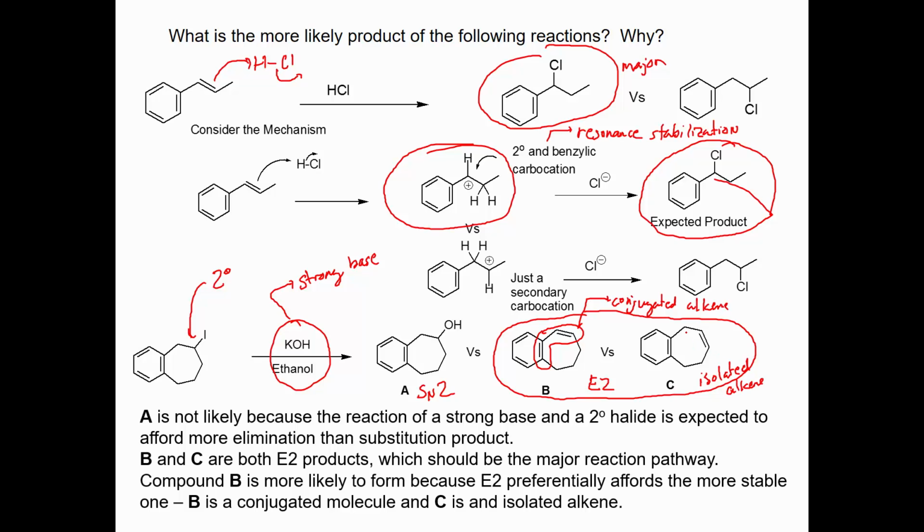Okay, there are sp3 carbons separating that alkene from the other pi system. So we're going to expect B to form because B is conjugated. And remember that the E2 reaction, if there's not any stereoelectronic things going on, it goes by Zaitsev's rule. We preferentially produce the more stable alkene.